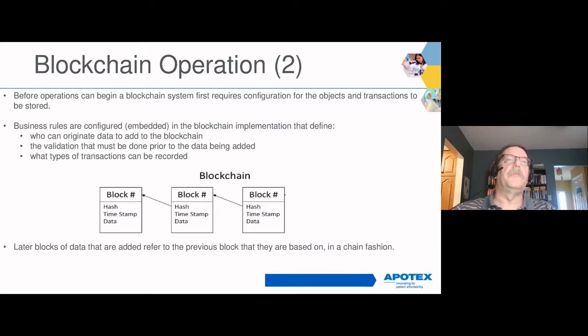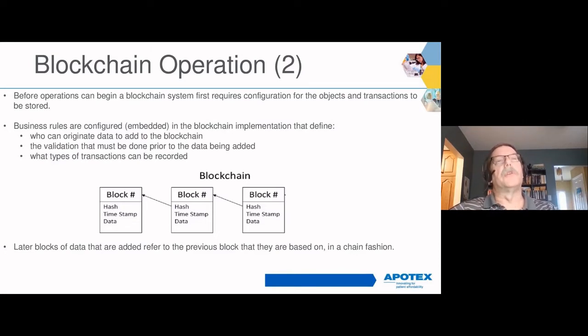And you can see from here it's called a blockchain because each block refers to its predecessor. And it ends up looking like a chain when you look at it in sequence.